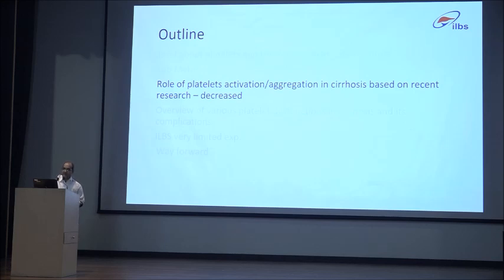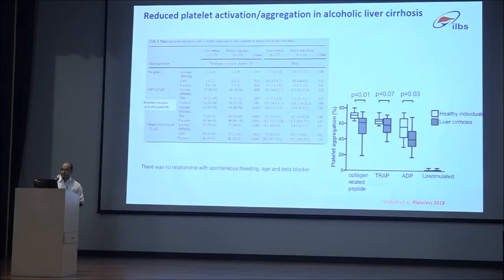First we will discuss that this is decreased, meaning platelet activation and aggregation will be decreased in cirrhotic patients. This is a study from a few years ago which suggested that when you put in the agonist to activate the platelet, the activation markers, the P-selectin and others, will be reduced in liver cirrhosis as compared to healthy control.